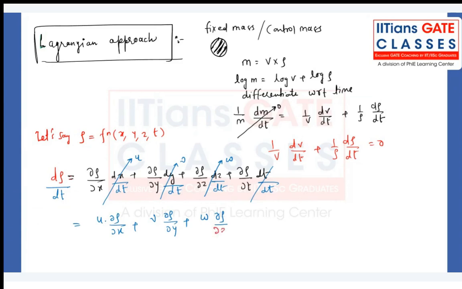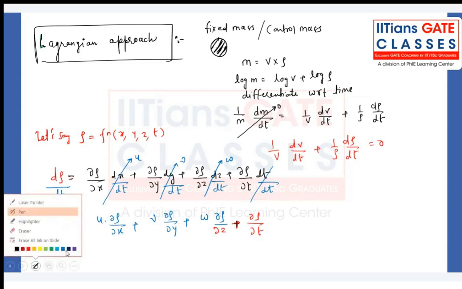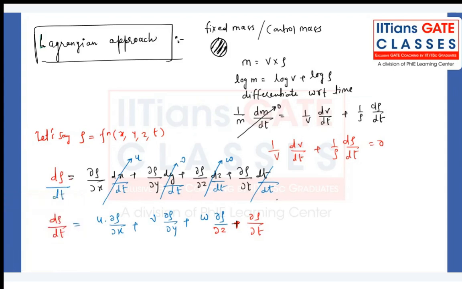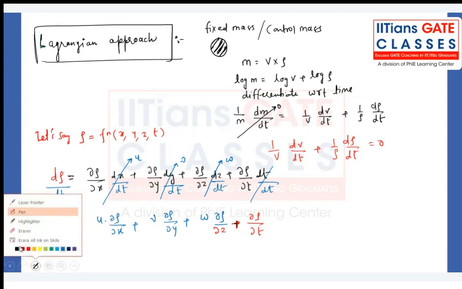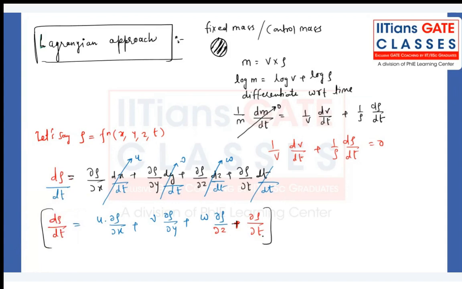Sometimes understanding the steps of a derivation requires effort. If you don't want to put in that effort, you can ignore it and come to the final equations. But I cannot directly write the equations. That will not happen in my class, even in an extra class. Now here, this is what d rho by dt is.